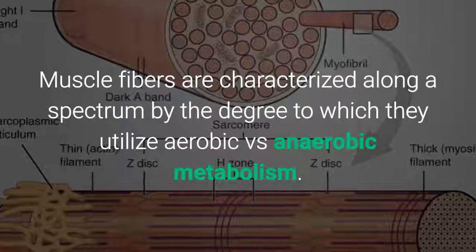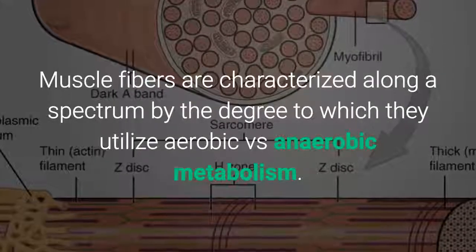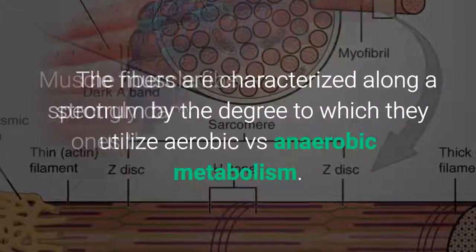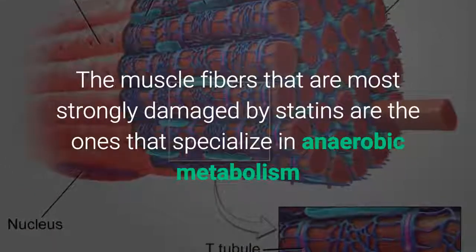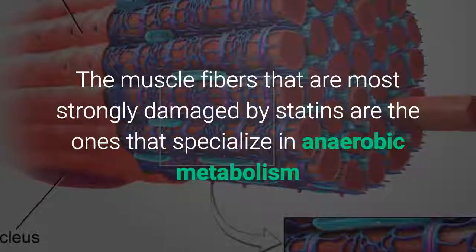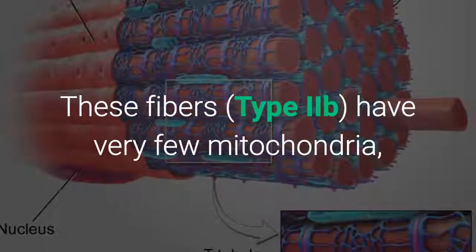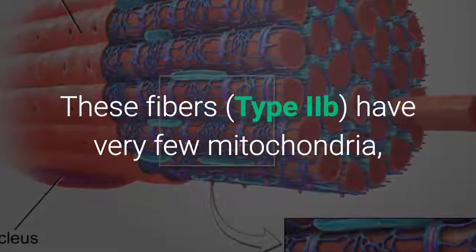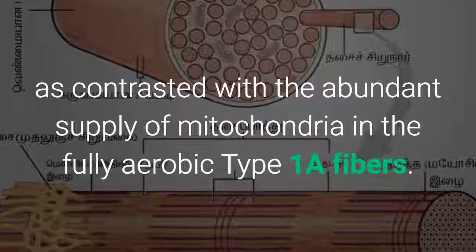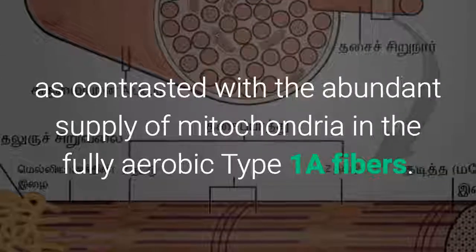Muscle fibers are characterized along a spectrum by the degree to which they utilize aerobic versus anaerobic metabolism. The muscle fibers that are most strongly damaged by statins are the ones that specialize in anaerobic metabolism. These fibers, type 2B, have very few mitochondria as contrasted with the abundant supply of mitochondria in the fully aerobic type 1A fibers.